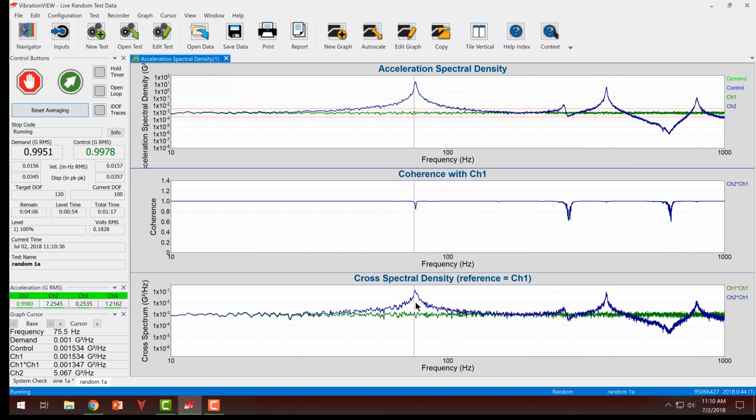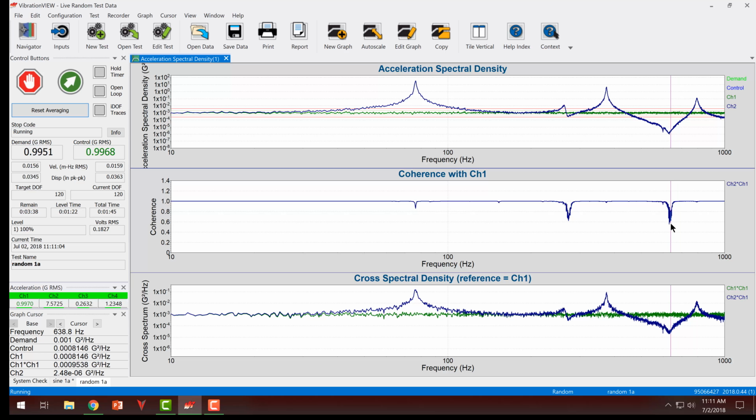Here we have resonances at various locations and correspondingly coherence values that are not 1. Now you might notice that these don't match up with the resonance. They actually match up with the anti-resonance, because the signal is so low at the anti-resonance that the signal is not matching the shaker head.